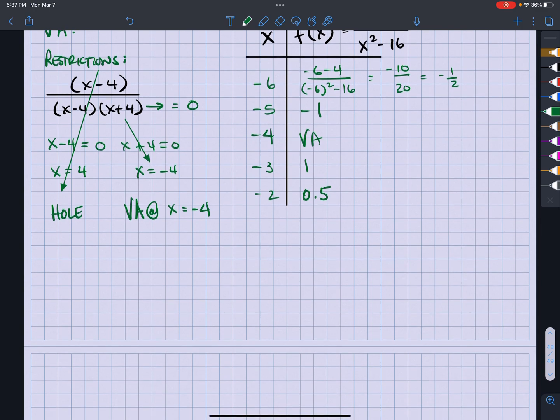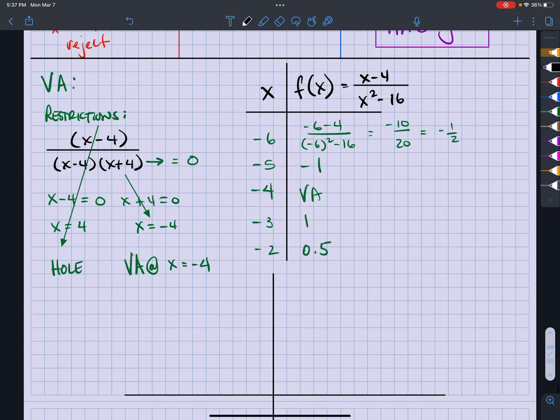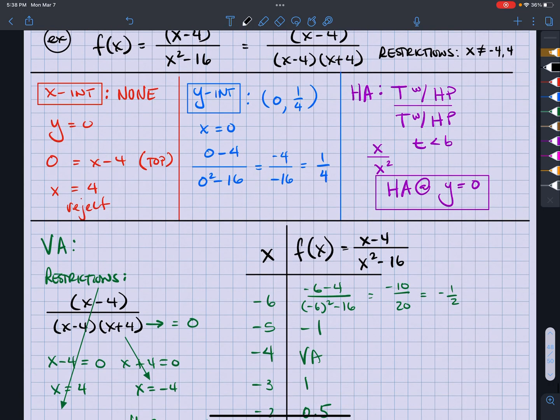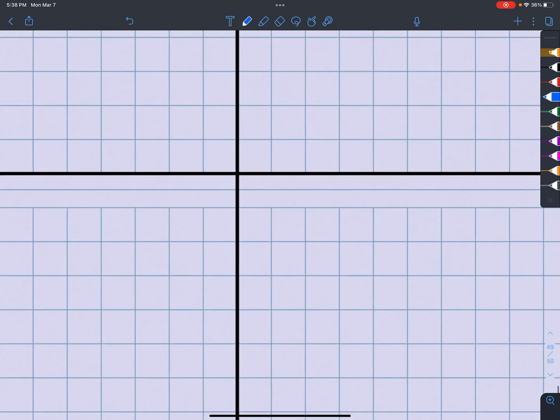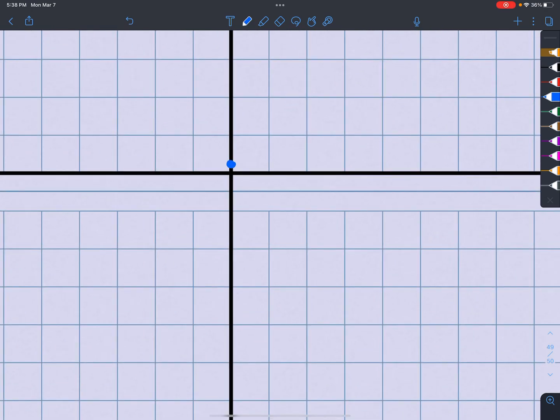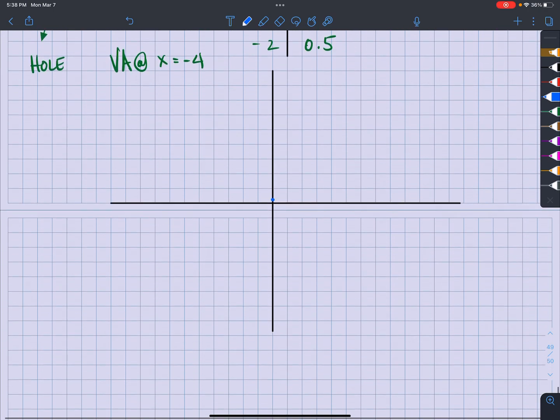Okay, so with that in mind, I'm going to go ahead and plot this. All right, so we have no x-intercept. The y-intercept is at 0, 1/4. We have a horizontal asymptote at y equals 0, which is this horizontal line right here.